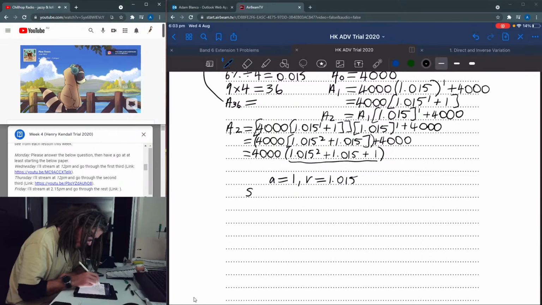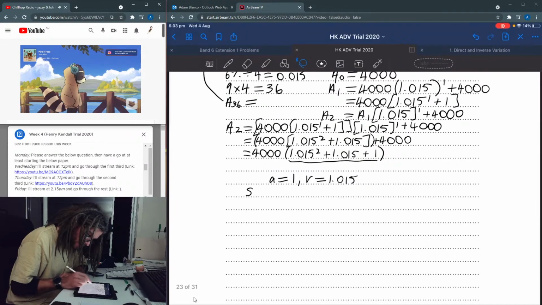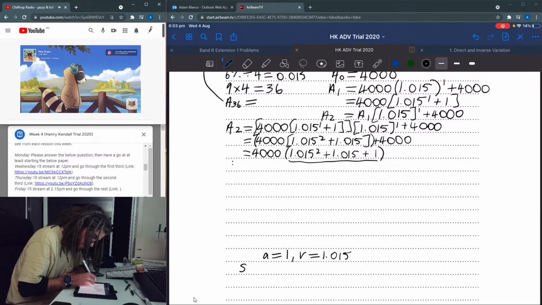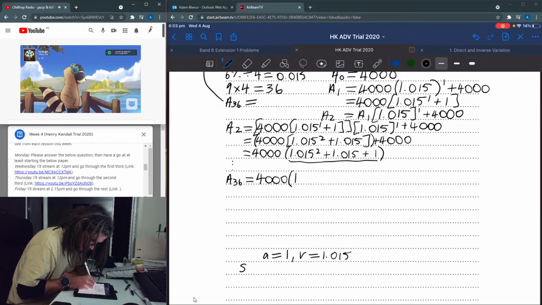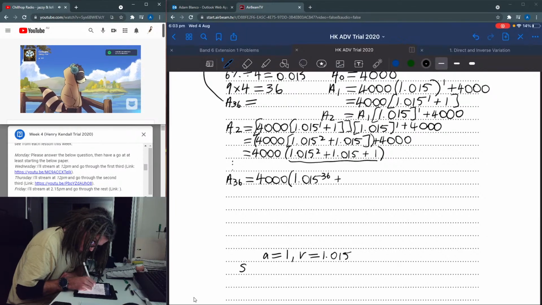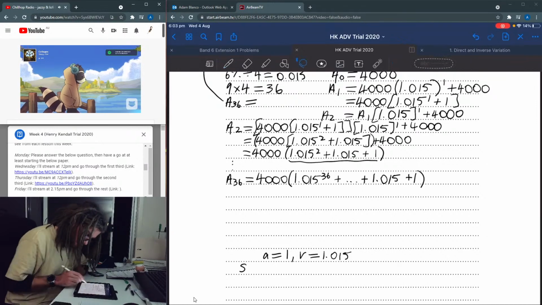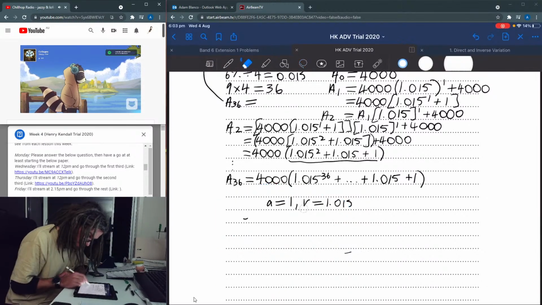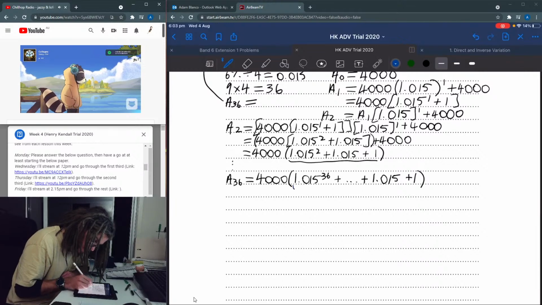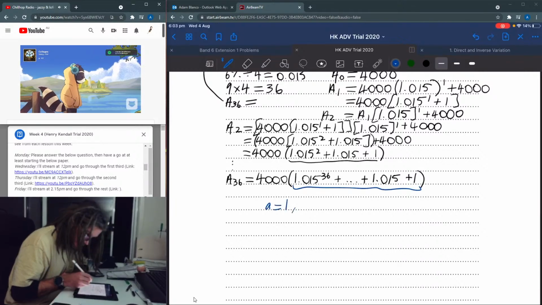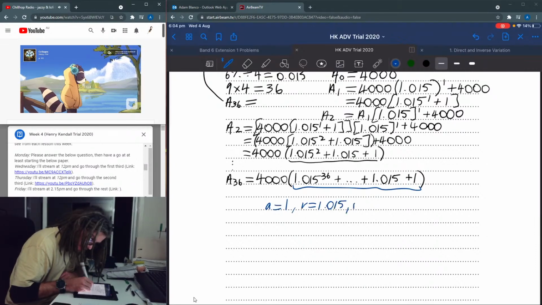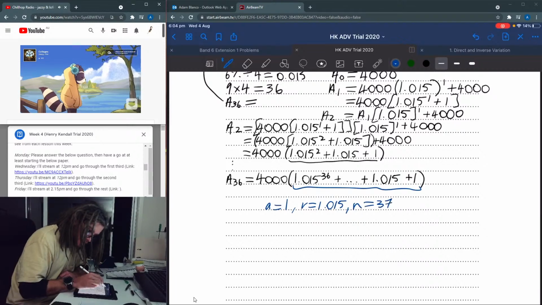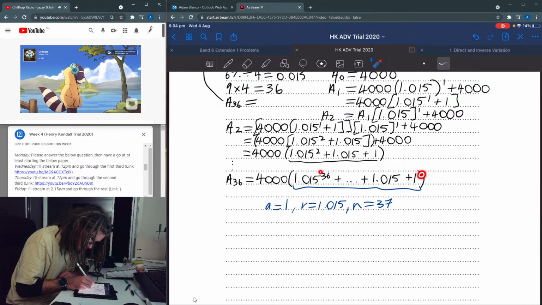Now think about this. If I'm trying to find A36, oh, actually I haven't finished. Dot, dot, dot. A36 would look like this. Maybe I'll do this in a different color. This part in here, A equals 1, the starting term, I'm doing it backwards. R is 1.015. Now there's actually 37 terms because this goes from the power of 0 to the power of 36.